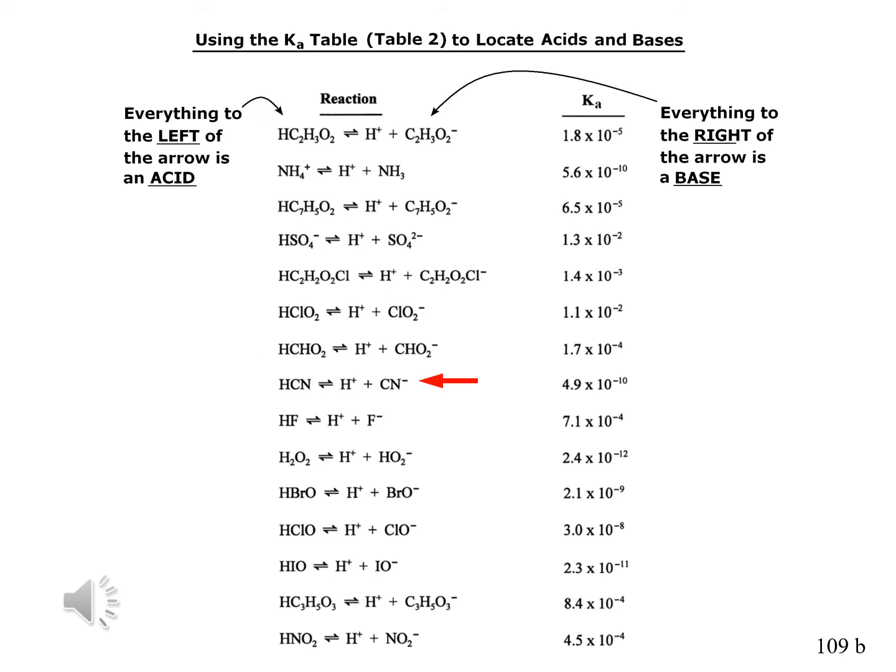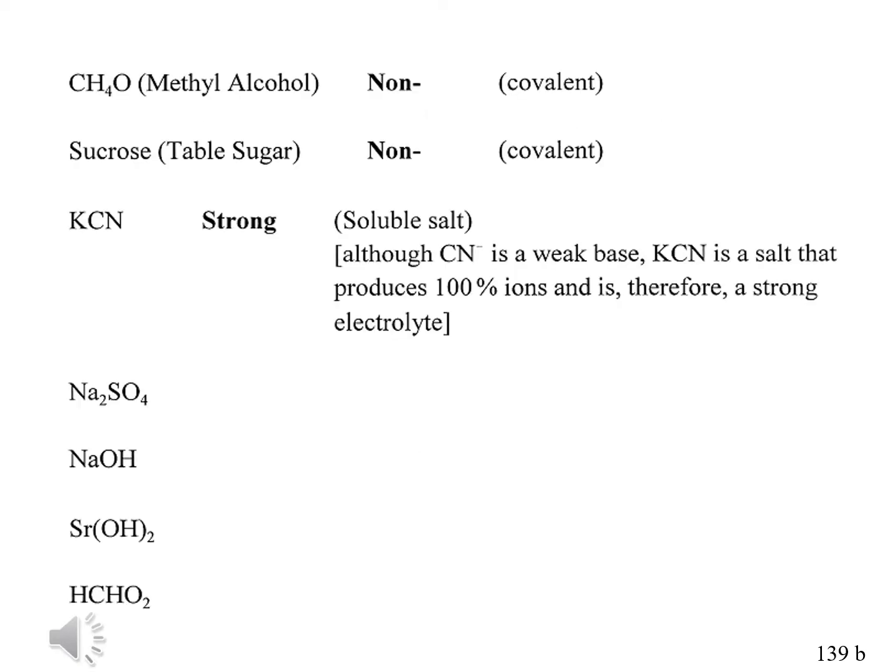The reason why KCN, though, is not considered a weak electrolyte is that CN- does make extra OH- ions when you put it in water, but that doesn't have any influence on whether a substance is actually an electrolyte or not. If you dissolve KCN in water, you are going to get 100% ions because K makes everything soluble.